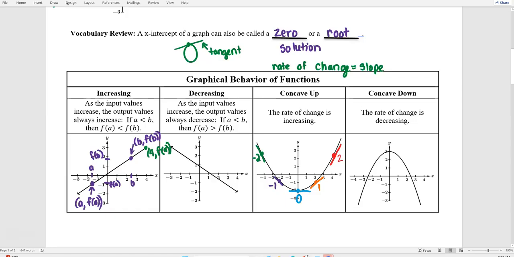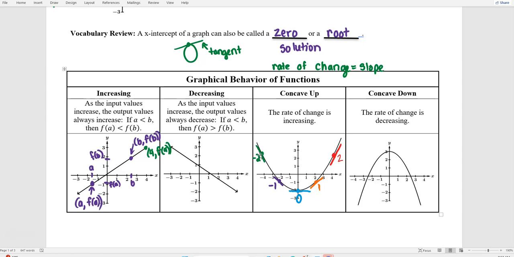So what we're seeing is my rate of change as I go from left to right, the slope, is increasing. It doesn't look like it's increasing here because it's getting less steep, right? But if you look at the numbers, the slope is increasing because we're going from -2 to -1 to 0. Those numbers are increasing.